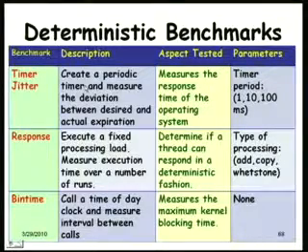In the timer jitter, we create a periodic timer, and then measure the deviation between the desired and actual expiration. So, set it for 1 millisecond, 10 millisecond and 100 millisecond, and keep checking the maximum time by which it differs from the expected time.